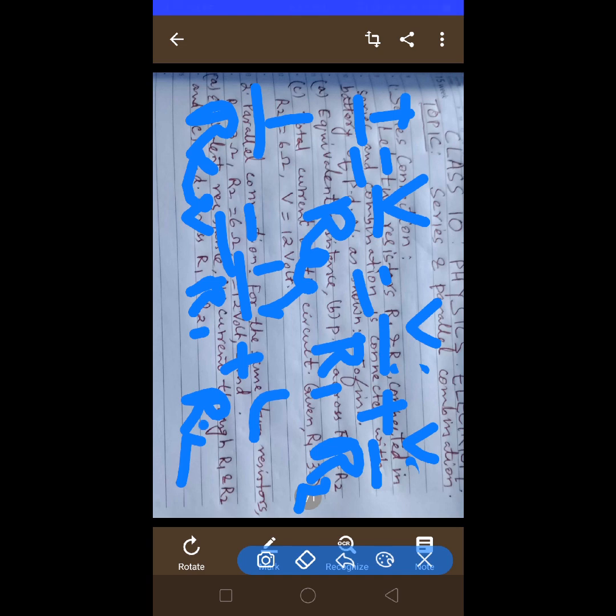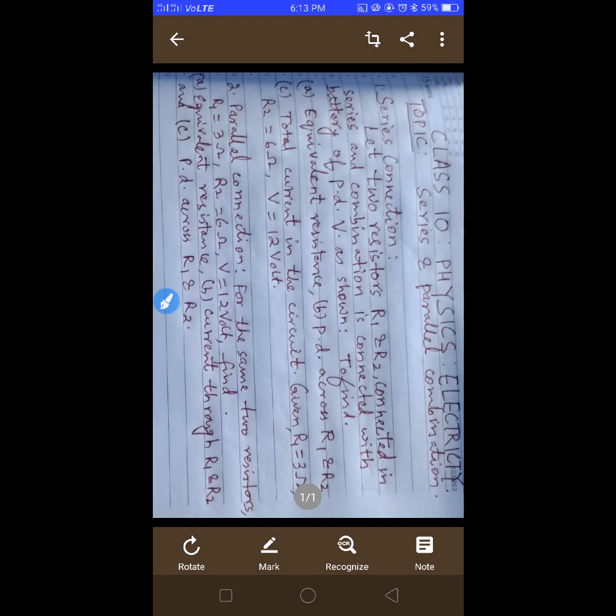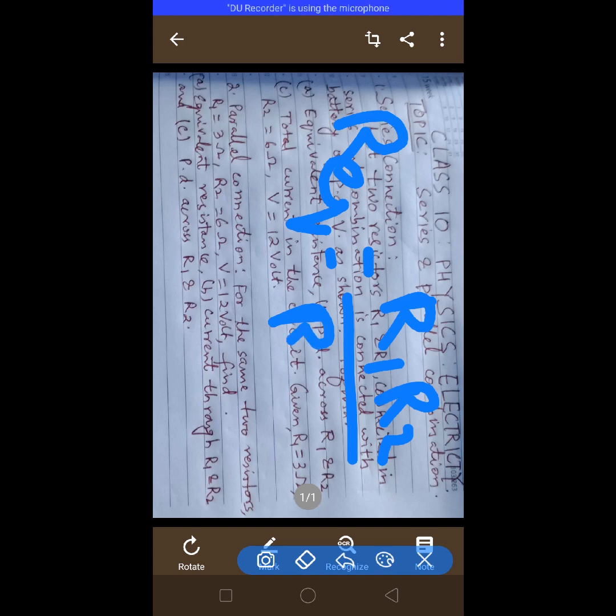Now, in this way we are getting 1 upon R equivalent is equal to 1 upon R1 plus 1 upon R2. So R equivalent is equal to R1 R2, that is product of two resistors divided by sum of two resistors R1 plus R2.